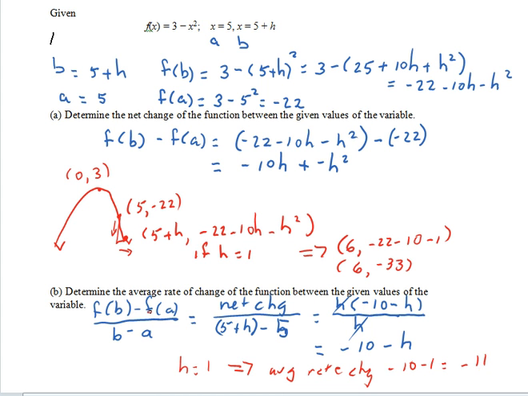And we can confirm we would get the same answer here because we'd be moving to the right 1 while we moved down 11, from 5, negative 22 to 6, negative 33. And so the h is considered a variable, and as h changes, so does the average rate of change.